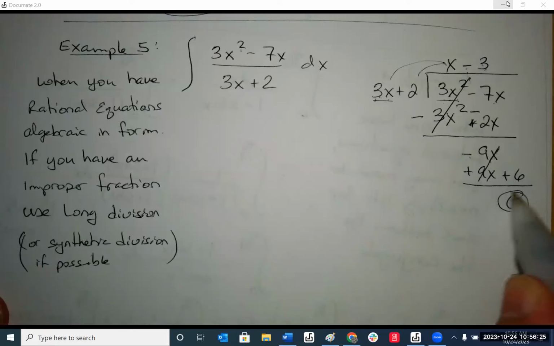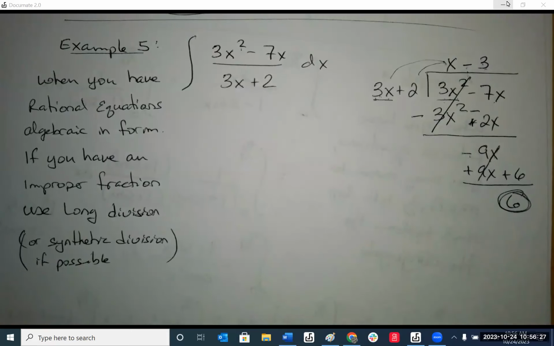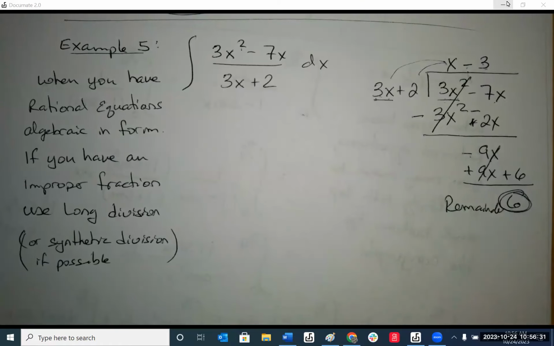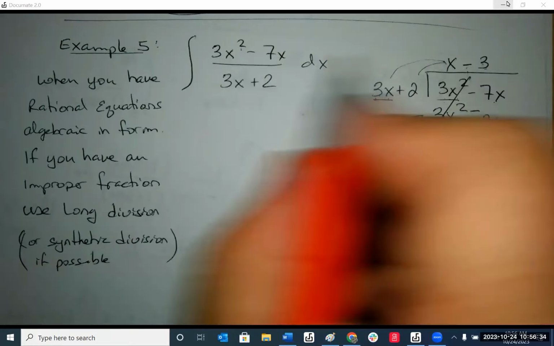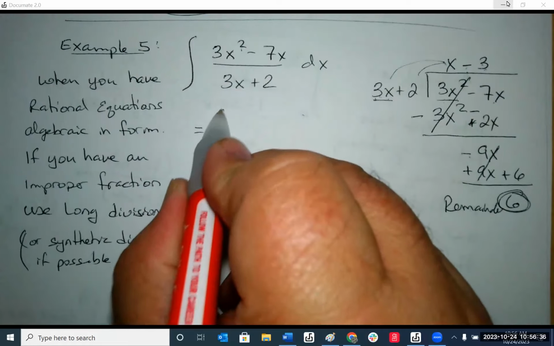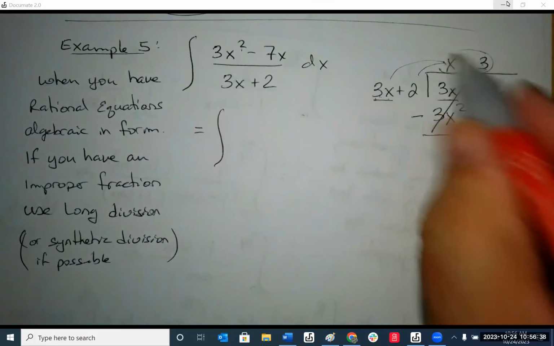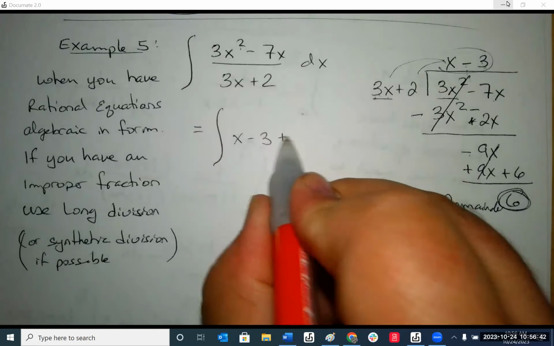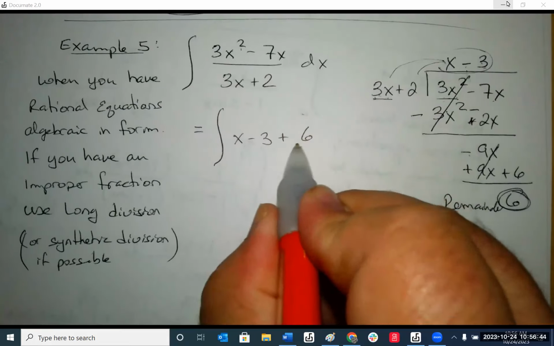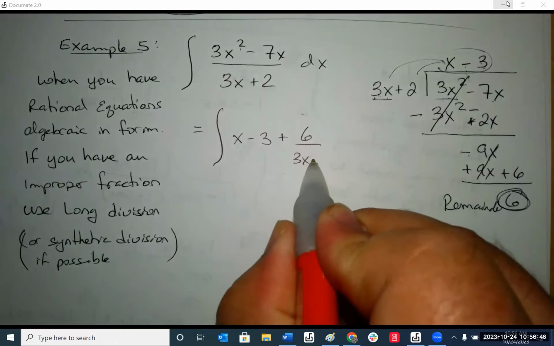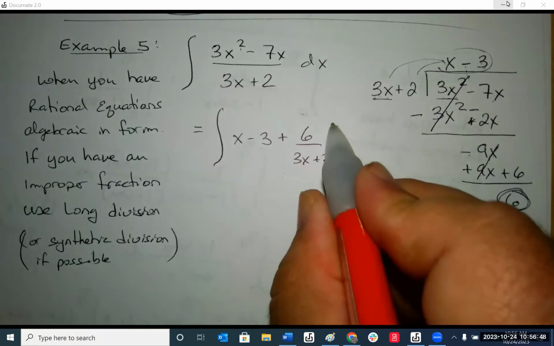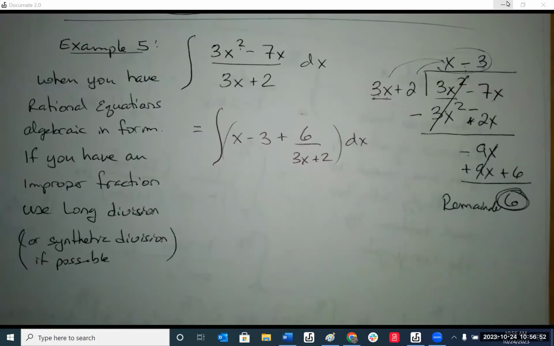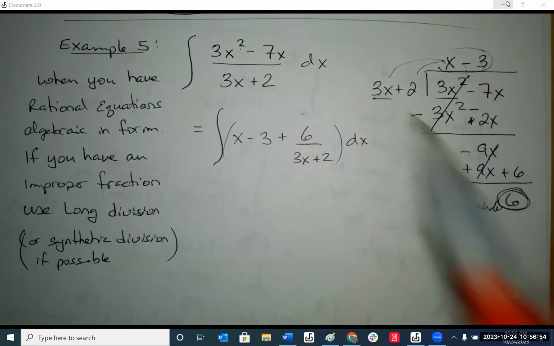What is this number? That's the remainder. So our answer here, what this now becomes, is x minus 3 plus 6 over 3x plus 2 dx, because the remainder goes over the denominator.